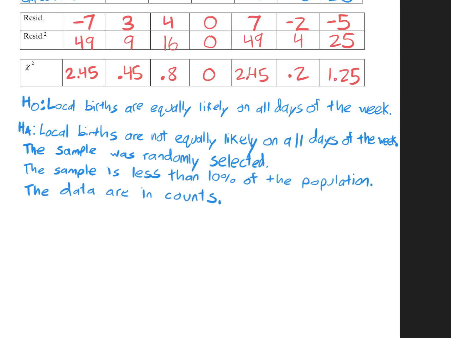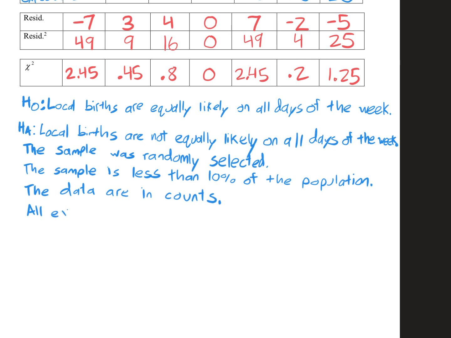And then for our sample to be large enough, our sample has to just be big enough to make all expected cell counts at least 5. Our expected cell counts were all 20, so that condition is satisfied.